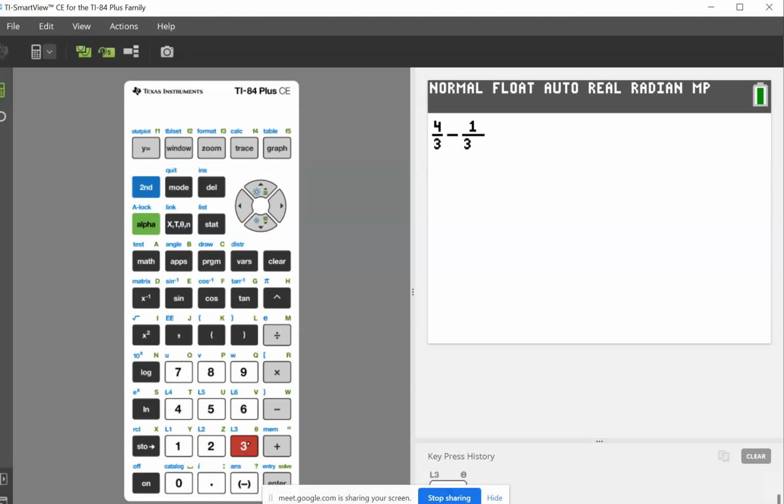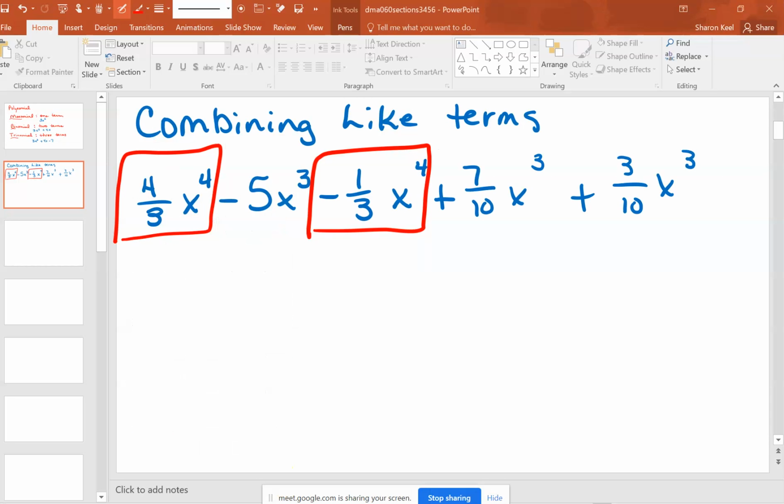So we're doing 4/3 minus 1/3. That gives me a solution of just the whole number 1. Okay? So when I combine these terms, I get 1x to the 4th. The 1 is not necessary to write, but I'm just going to write it as a placeholder here.